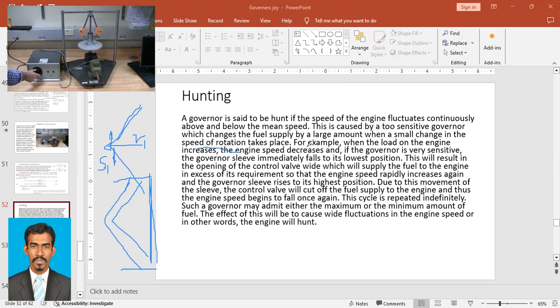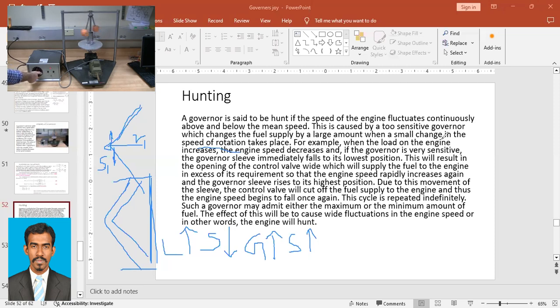So the load increases, speed decreases. If the speed decreases, the governor will supply some extra amount of fuel, so fuel supply will increase. And if the fuel supply increases, the speed will again go back to its initial speed. This should be the usual phenomenon. Alright.